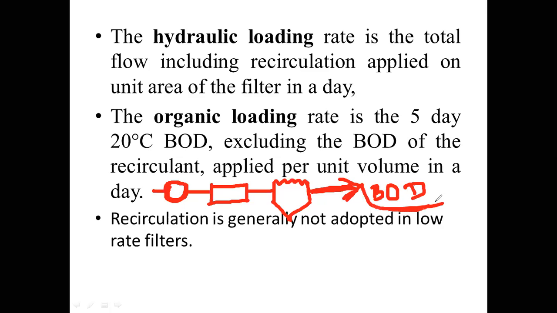So whatever amount of BOD remains will get naturally treated. The BOD should not be more than 30 milligram per liter in the treated effluent. Then it will not be harmful to the aquatic plants and animals present in the water body in which you are going to dispose the sewage.